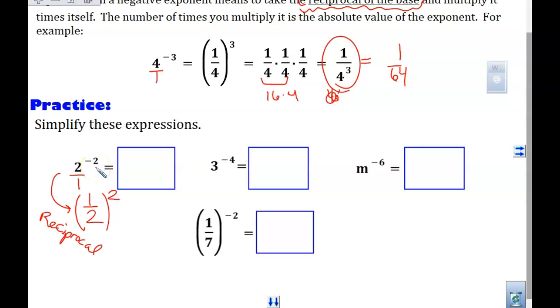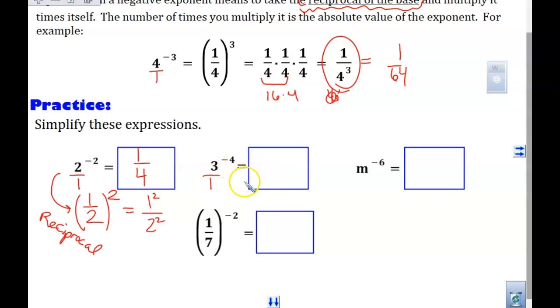So please write that. As we are taking a look at this, this now means we are going to take 1 to the 2nd divided by 2 to the 2nd, which will leave us with 1/4. As we are taking a look at the next one, we're going to put it over 1.